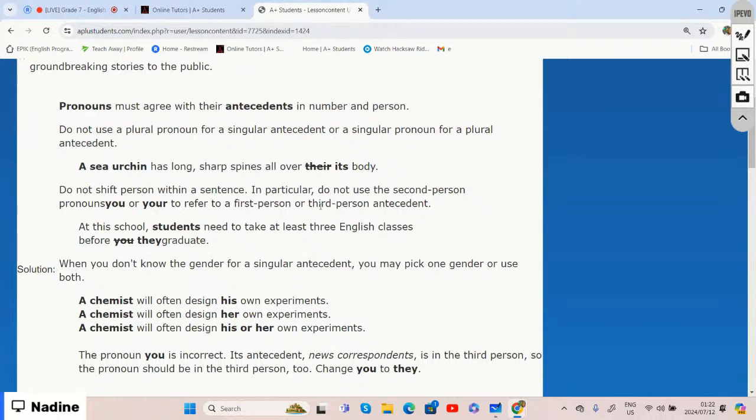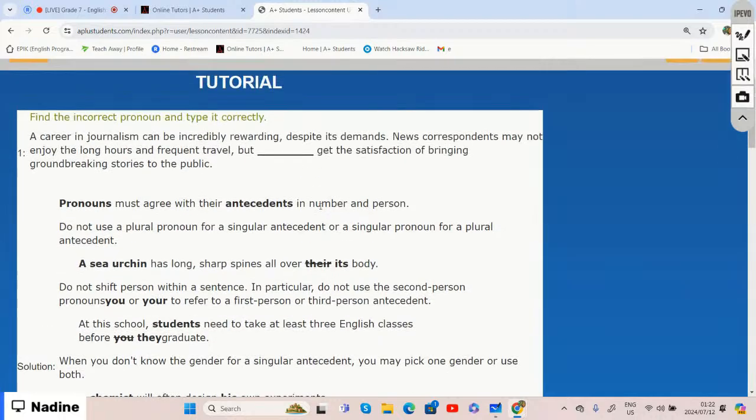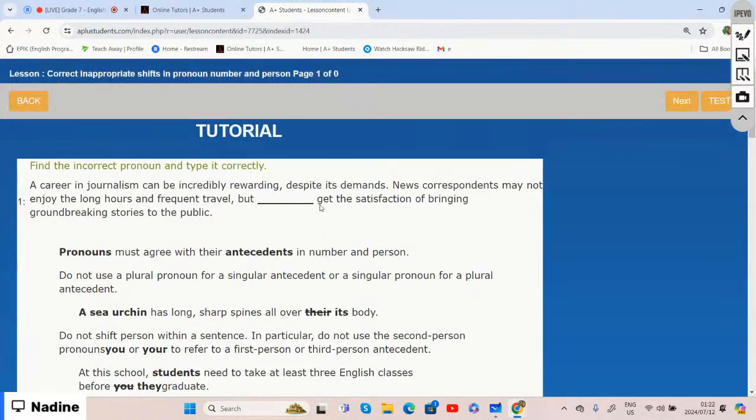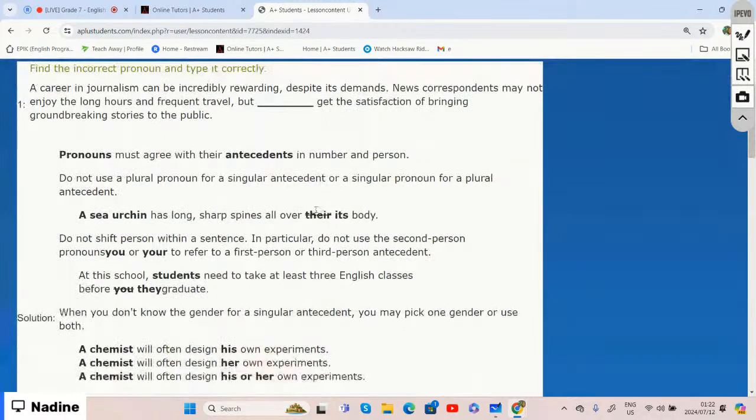And do not shift. Remember, we said that our lesson is inappropriate shifts. It's like we need to correct inappropriate shifts.